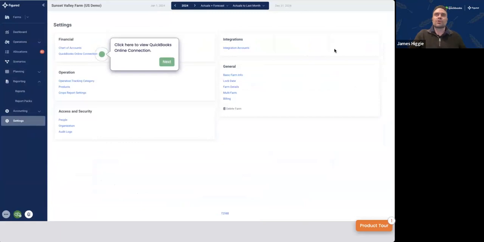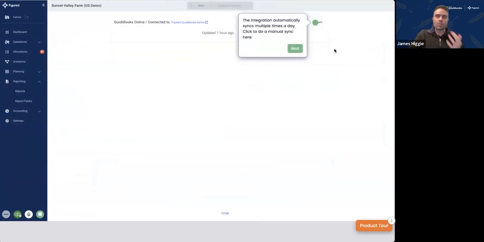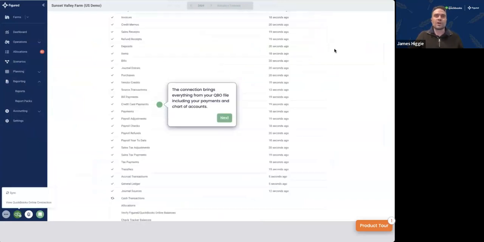Figured and QuickBooks Online work together because we're both excellent at a particular task or a particular point of value. QuickBooks Online is best in class in the market in terms of providing accounting and general ledger services. And Figured just does one thing. We do one thing really, really well, and that is farm financial management. So we decided to come together, and the best way for us to do that is to recognize the fact that there are going to be sales and purchases, as an example, between the two products.